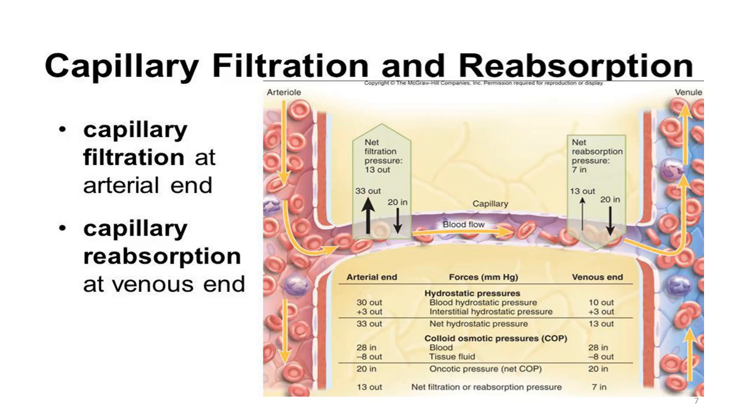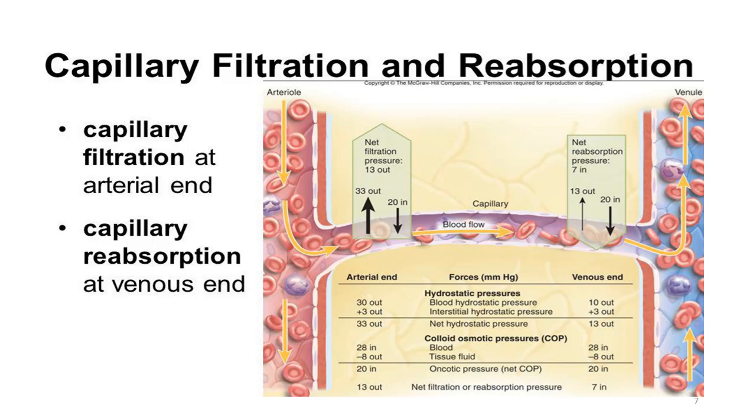Also, inside the capillaries we have another pressure that sucks the blood. So we have two pressures that push blood into the capillaries. One pressure from the arteriole is about 30 millimeter mercury, and the other pressure does suction from the capillaries because of the negative pressure of interstitial fluid. And inside the capillary we have two ends. The first is the arterial end, and the other one is the venous end.